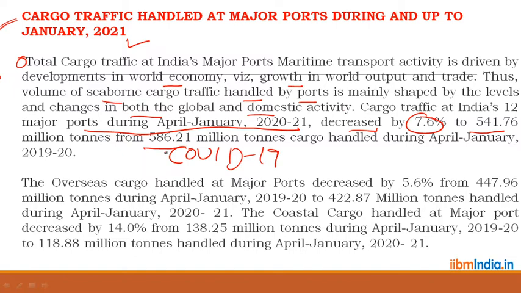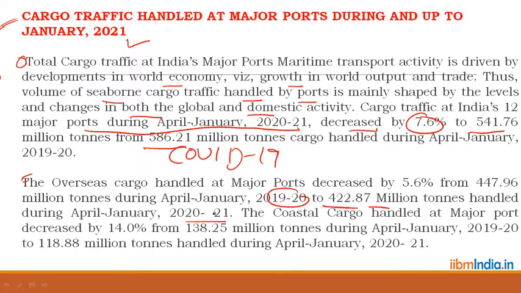There was a big decrease in exports. The overseas cargo handled at major ports decreased by 5.6% from 447.97 million tons during April-January 2020 to 422.87 million tons during April-January 2021. So all this data has decreased due to COVID-19, so no need to worry.